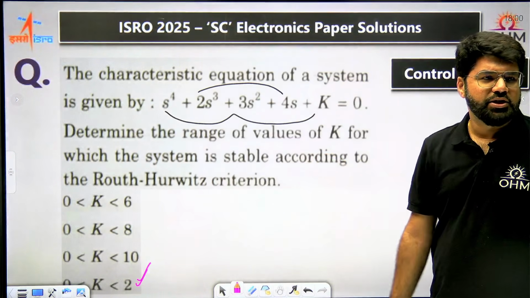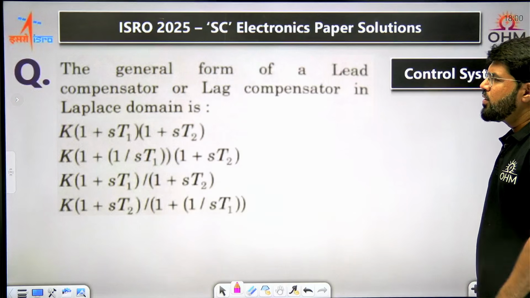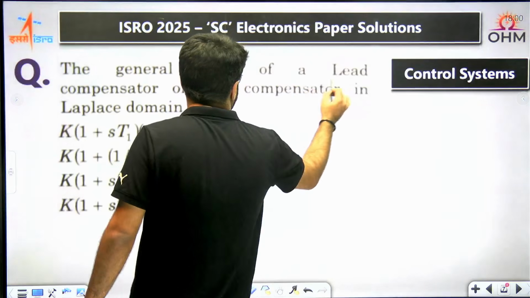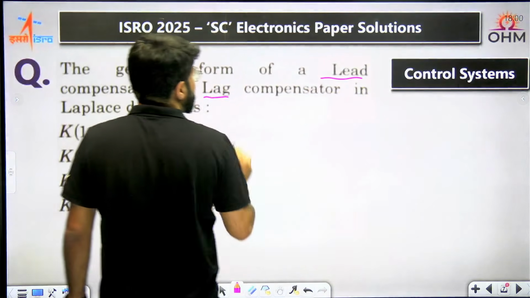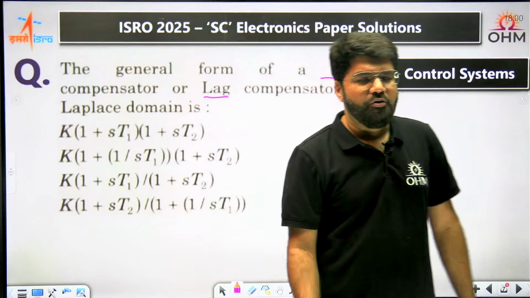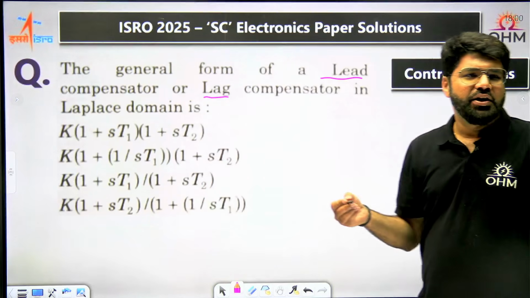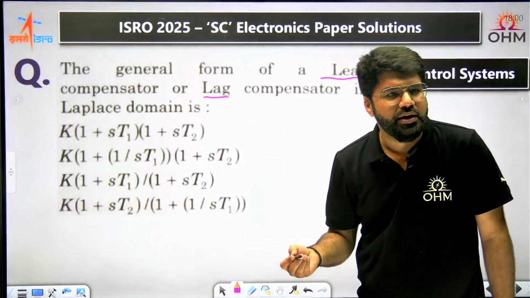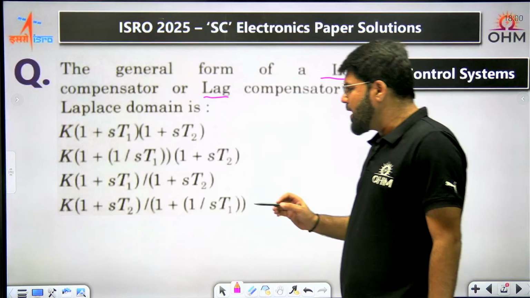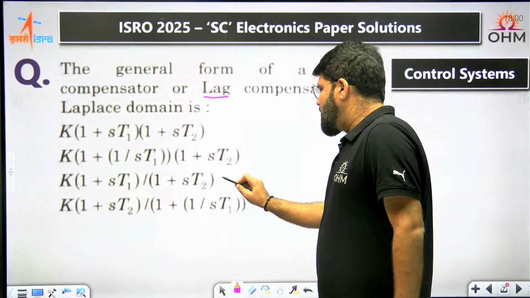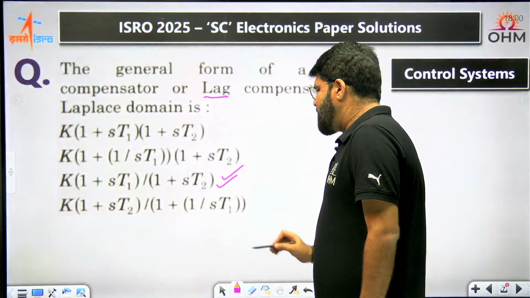What is the next question? The general form of a lead or lag compensator. The basic general form of a lead or lag compensator is a pole and a zero term. The only difference is lead compensator means zero dominant, lag compensator means pole dominant. So a simple zero and a simple pole term is there in option number C: (1 plus sT1) divided by (1 plus sT2).